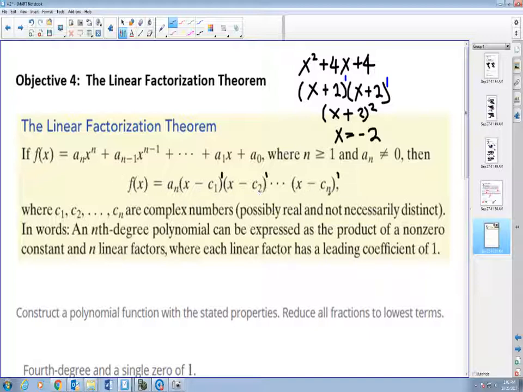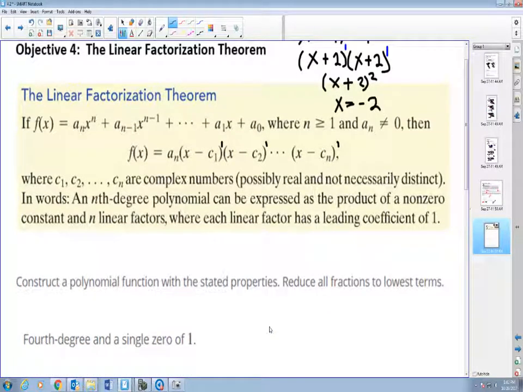C1, C2, C3, all the way to C sub n are complex numbers, possibly real, not necessarily distinct. In other words, an nth degree polynomial can be expressed as a product of a non-zero constant and up to n linear factors, where each linear factor has a leading coefficient of 1. We can actually make the leading coefficient on each factor 1 as well.